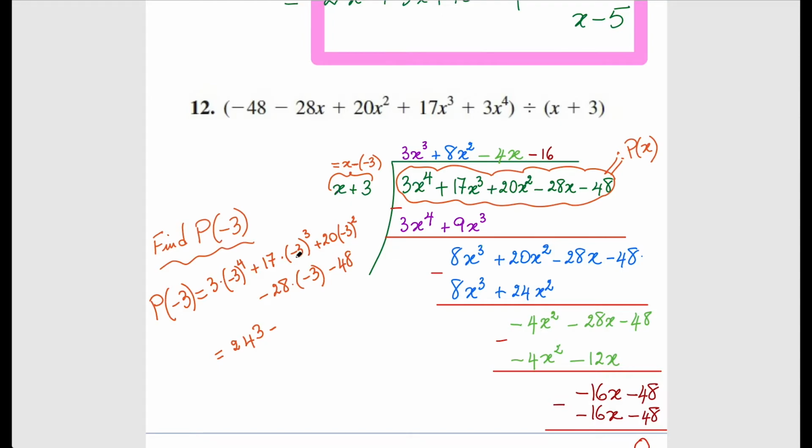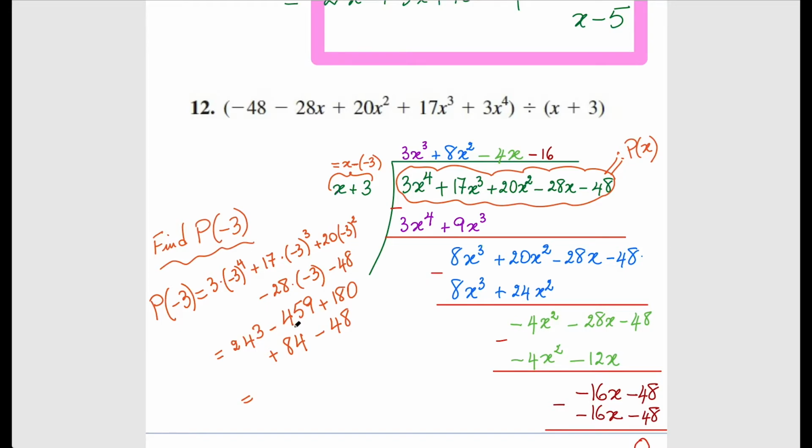And what's 3 cubed? 3 times 3 is 9, 9 times 3 is 27, and 27 times 17 is 459. And over here, negative 3 squared is 9. 9 times 20 is 180. Minus 28 times minus 3, that's a plus. And 28 times 3 is 84. And minus 48.